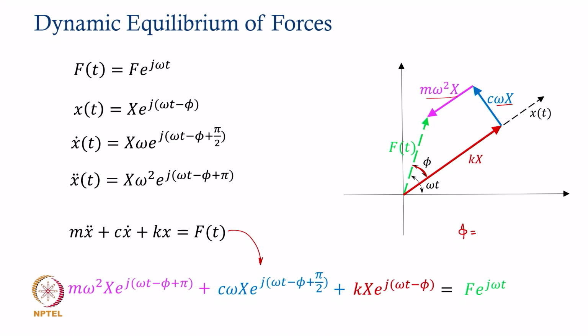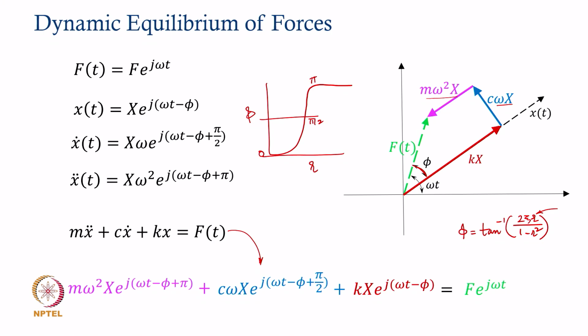Now, this of course being a function of the frequency ratio, 2 zeta r over 1 minus r square, which means that for different speed values or excitation frequency values, we expect this phi to change, and that is what has been shown in the phase angle plot with different frequencies. Depending upon the damping, the phase angle varied, right. It was close to 0, it was 90 degrees at resonance, and it was approaching a value of 180 degrees at frequency ratio more than 1.